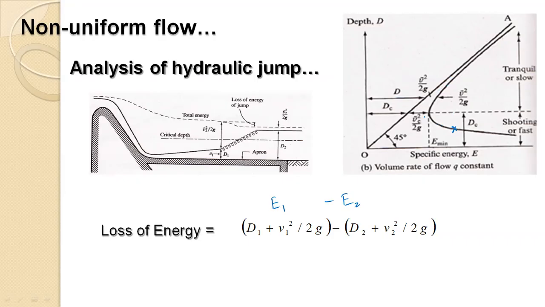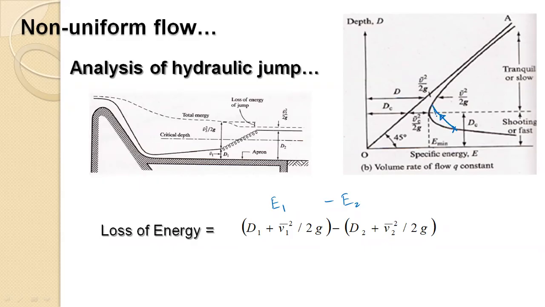If it is a gradually varied flow, then this can change smoothly along this profile. But if it is a rapidly varied flow, since there is a loss of energy, this basically jumps rapidly from here to here.